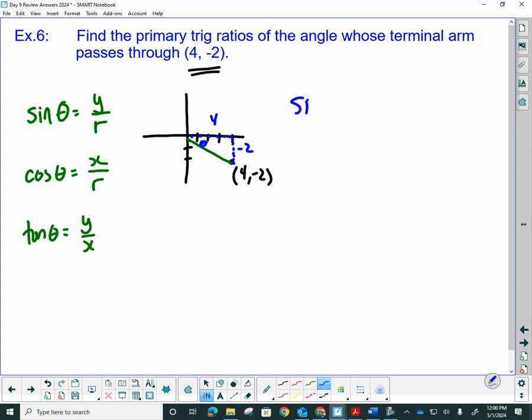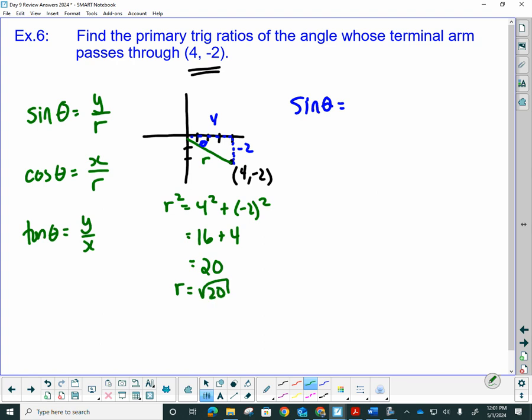So the sine of theta is opposite over hypotenuse. Oh, I need to figure out the hypotenuse though, don't I? So that's my missing side. This is the r part, remember? The r standing for the radius. So you can do r squared equals 4 squared plus negative 2 squared. 4 squared is 16. Negative 2 squared is 4. So we get 20, but we have to take the square root of 20.